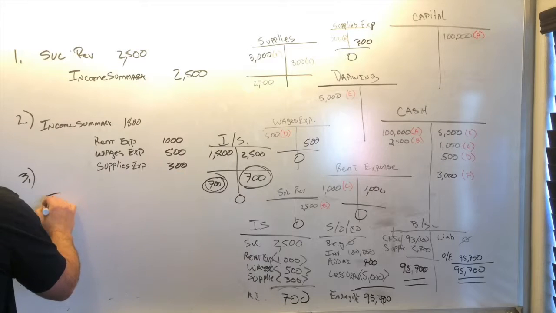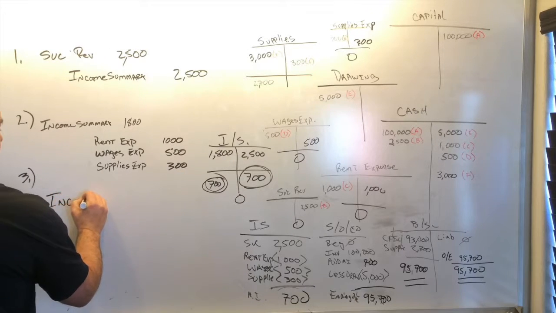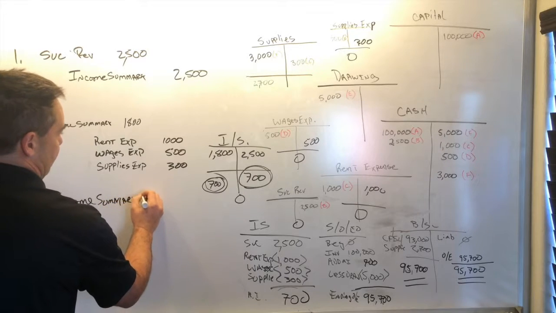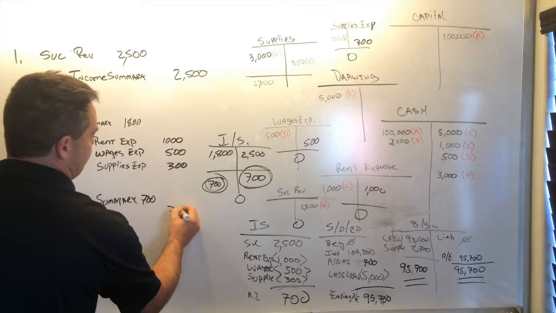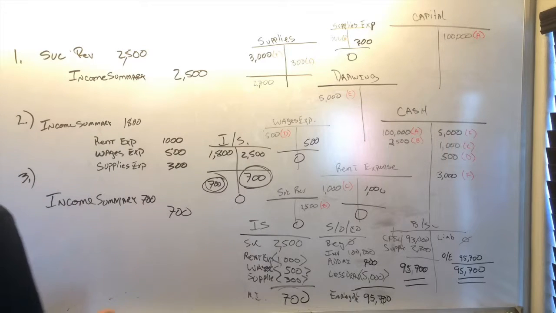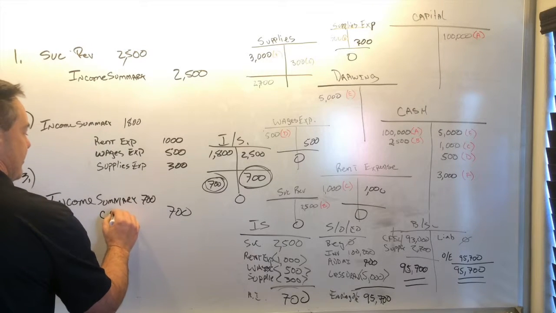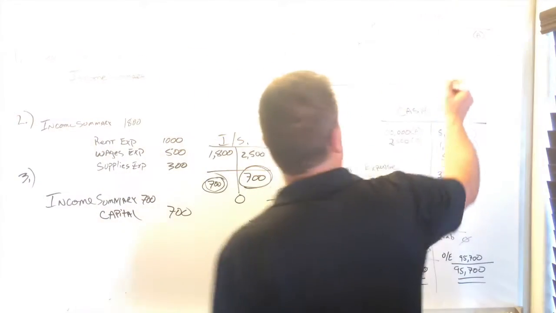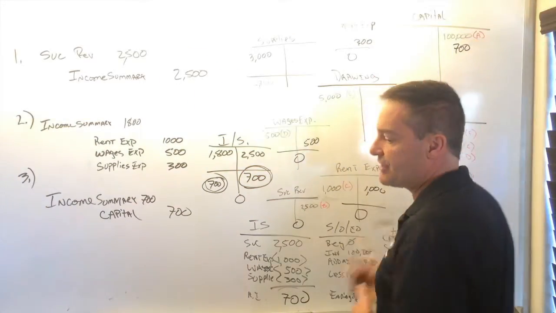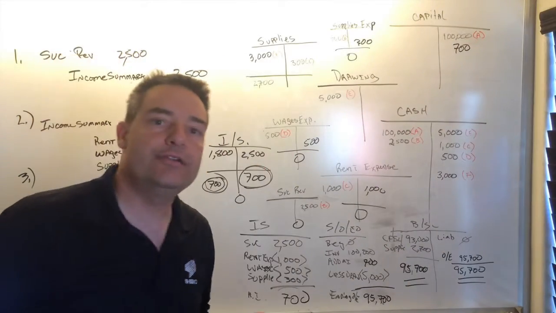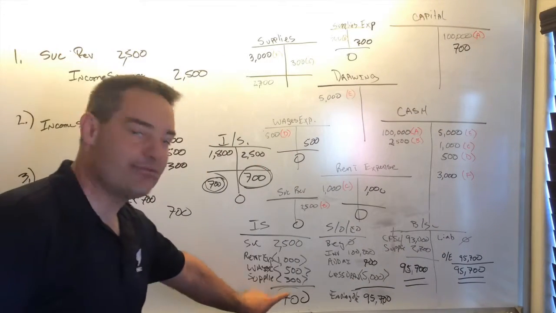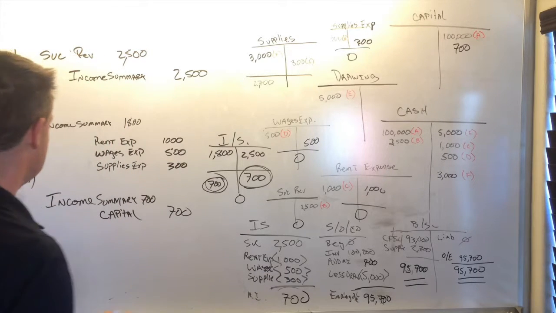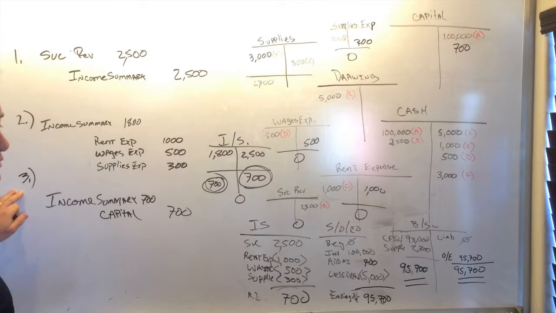So what I'm going to do is I'm going to debit income summary for the $700, and if I debit something for $700, I got to credit something for $700, and the account that I am going to credit for the $700 is the capital account. Now remember, capital goes up when we credit it, and it makes sense because we have net income that increases the owner's capital. All right, so that's third of 4 closing entries.